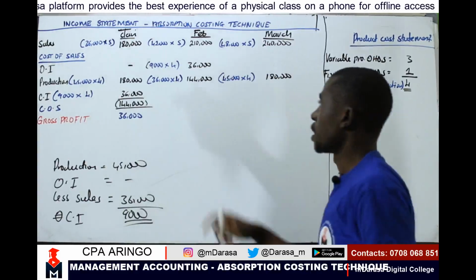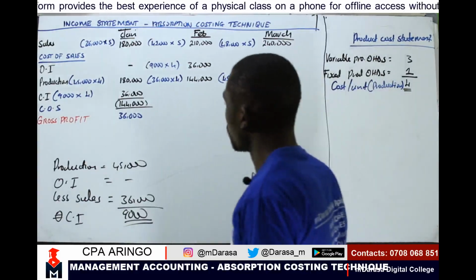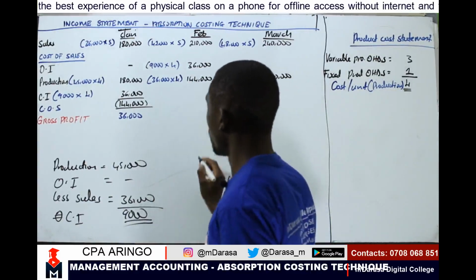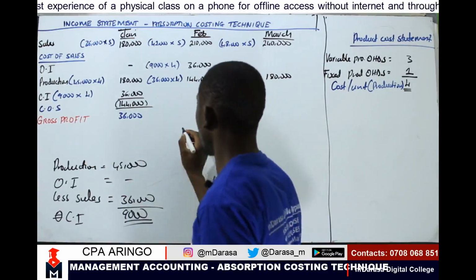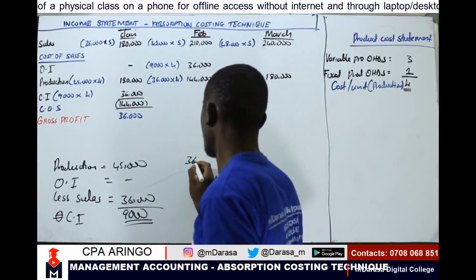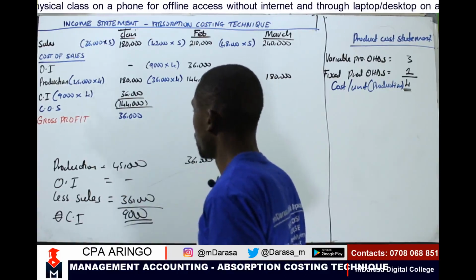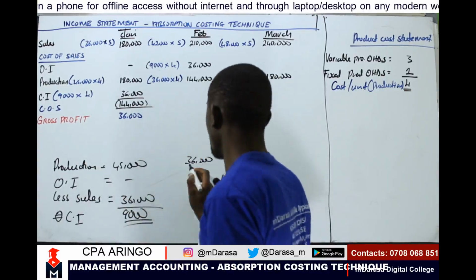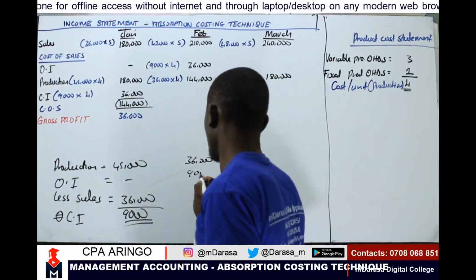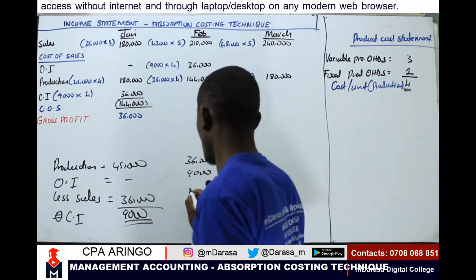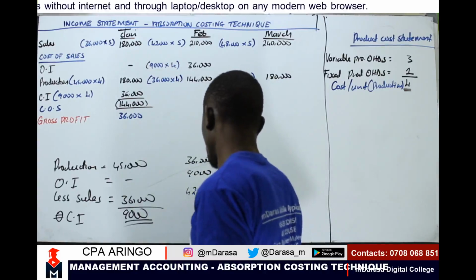What about our closing inventory? Our closing inventory should be determined from our production in the month of Feb, which was 36,000 units. Our opening inventory in this case is 9,000 units. Then our sales during the period were 42,000 units.